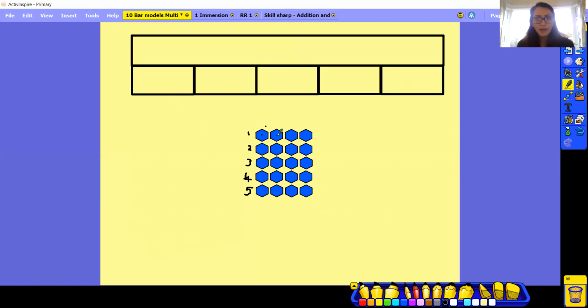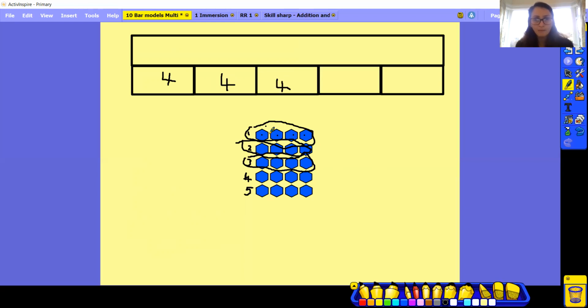Excellent. Again, one of those boxes is going to be worth 4. The second box again is still worth 4, because remember, all these boxes all have to be worth an equal amount.